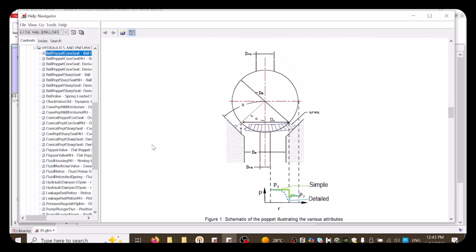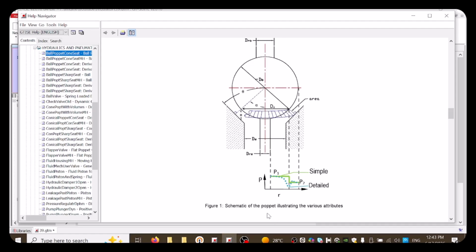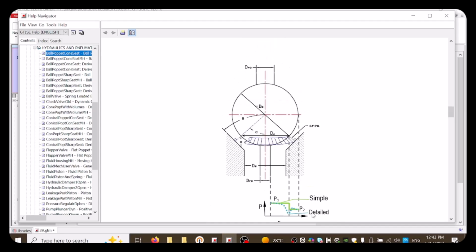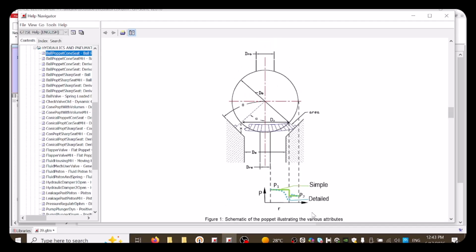So you can see in this figure the schematic of the poppet illustrating the various attributes. And you can see the parameters that I mentioned above, for example, D, theta, alpha.